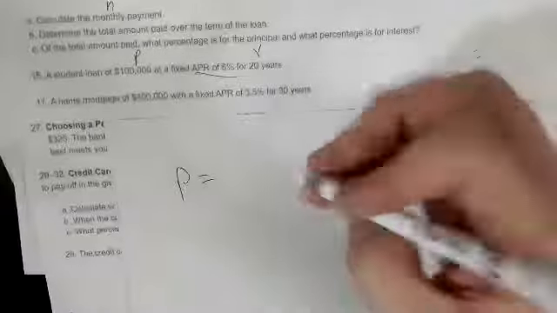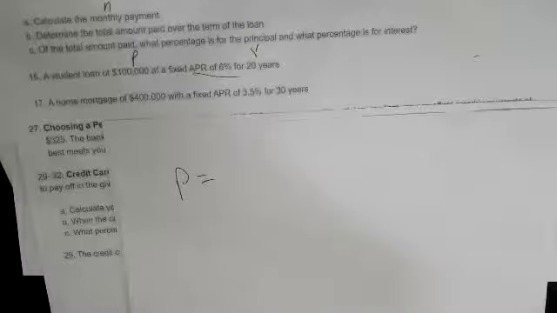P equals my payment, PMT, sorry. Payment is equal to principal, 400,017.